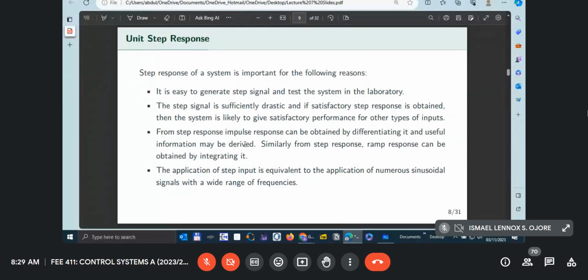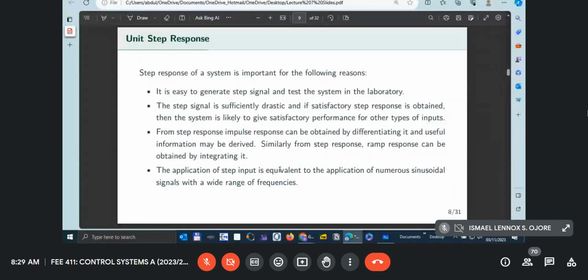Also, yesterday we saw that once we have a step response, we can easily get the impulse response by differentiating, and the other way around. So once you have that, then you can get the ramp, and you can also get what? An impulse response. Also, application of a step input is equivalent to application of numerous sinusoidals.